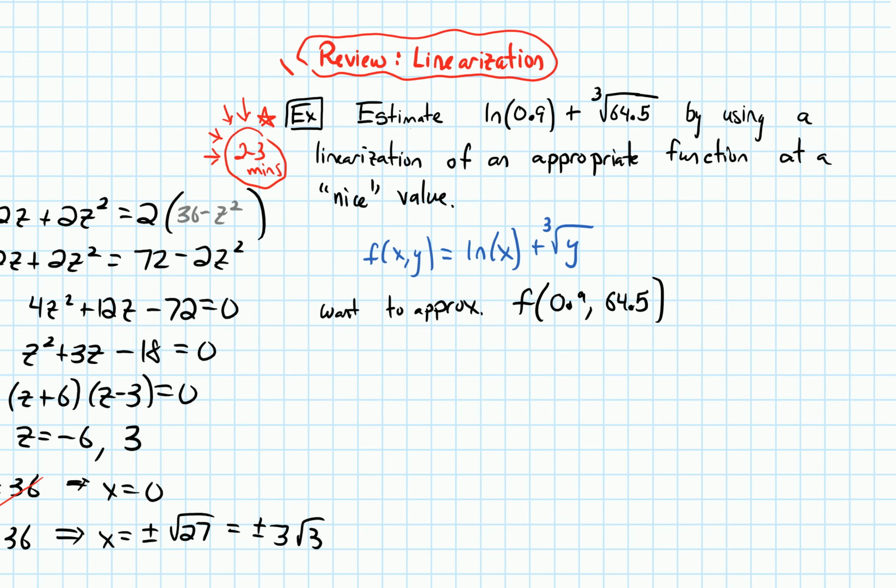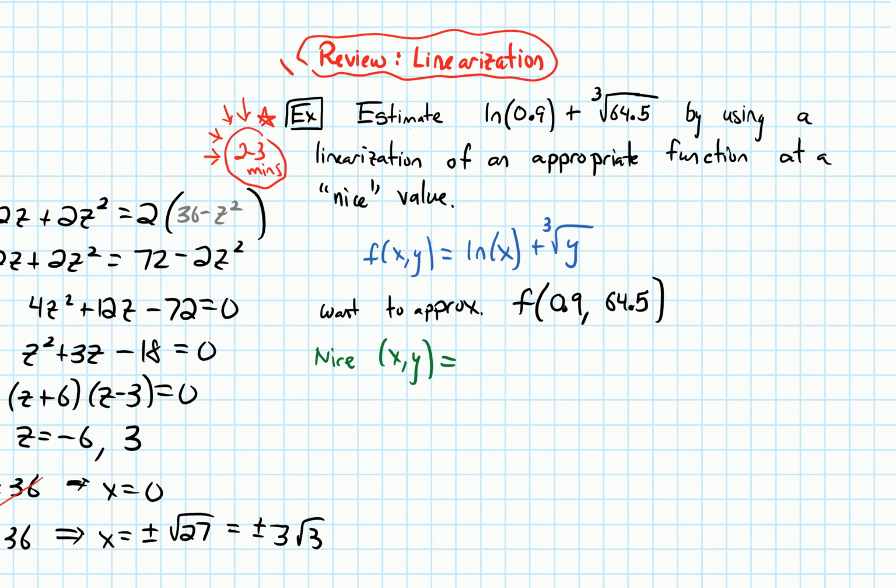Okay, so we want a nice point, a nice (x, y), that's close to (0.9, 64.5), but that's easy to plug into this function without a calculator. What's something close to 0.9 that I can plug in easily into this ln?